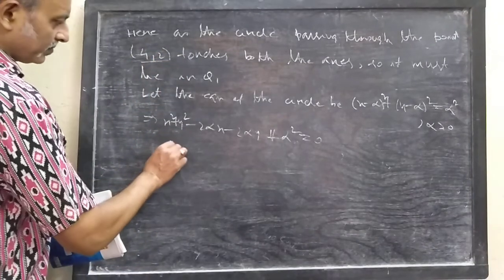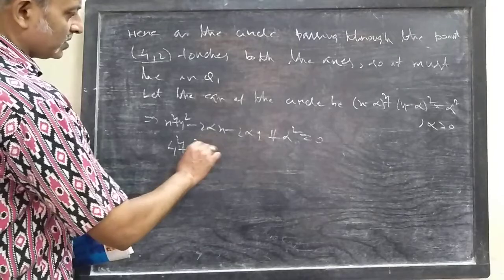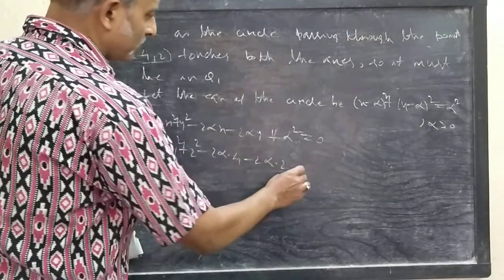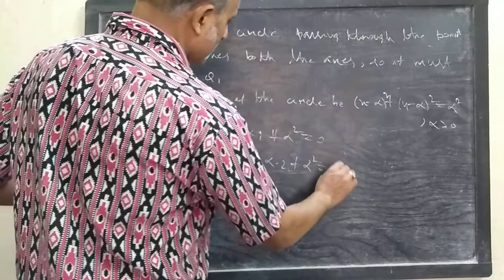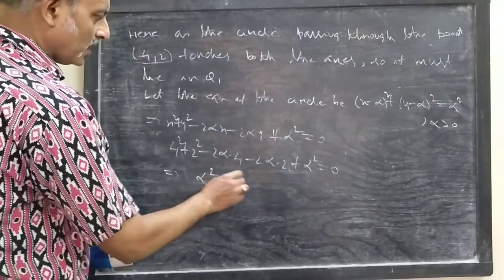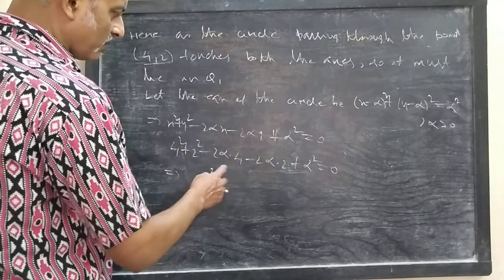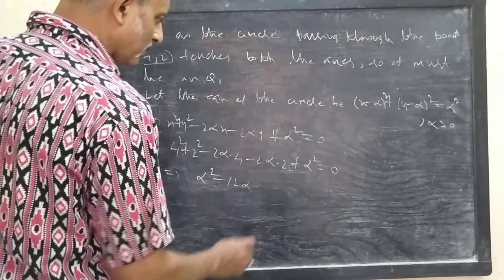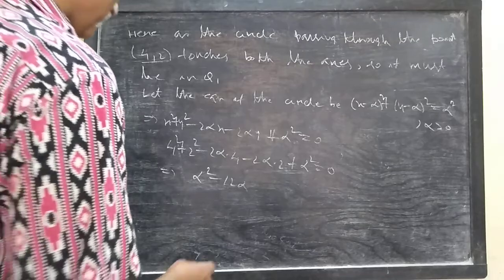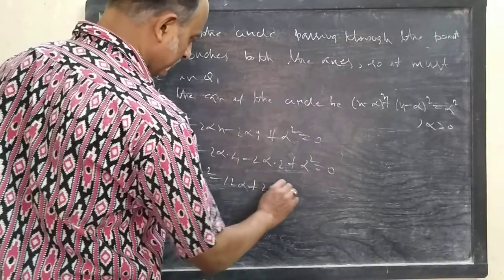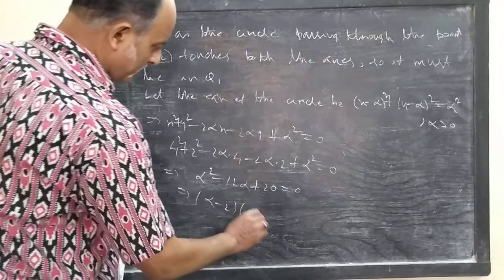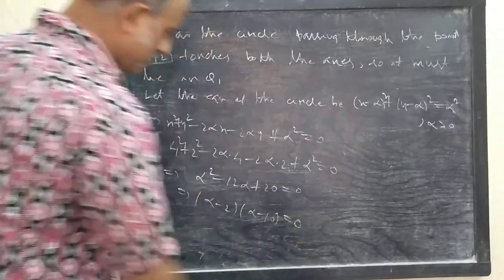We get 4 square plus 2 square minus 2 alpha into 4 minus 2 alpha into 2 plus alpha square equals 0. So you get alpha square minus 4 alpha minus 8 alpha, that is minus 12 alpha, then 4 square 16 plus 4 is 20. Now you can write it as (alpha minus 2) into (alpha minus 10) equals 0.